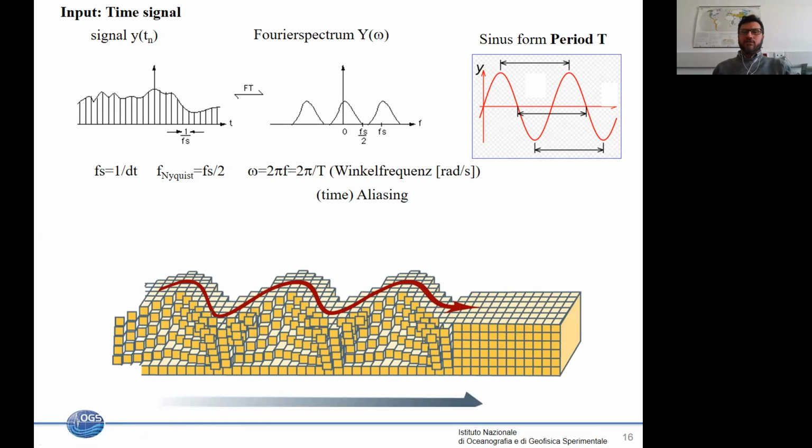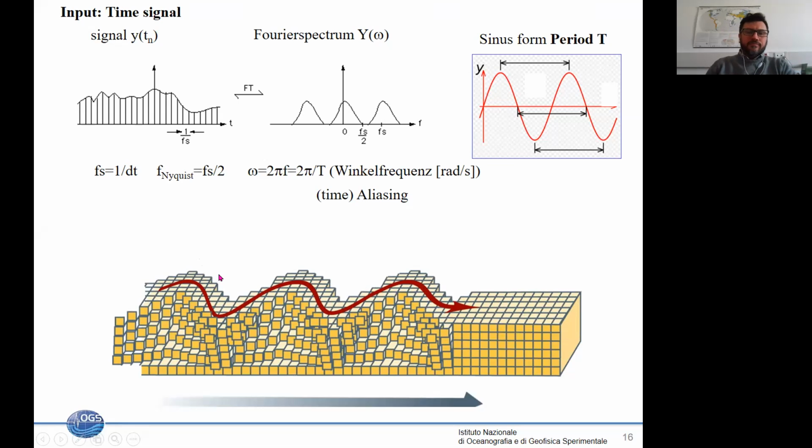But you can find also something equivalent in the space domain. Just imagine you are an observer here and an observer here or here. You have a wave which is arriving and propagating, moving first these particles and then moving all the other particles while it's propagating from the left to the right.